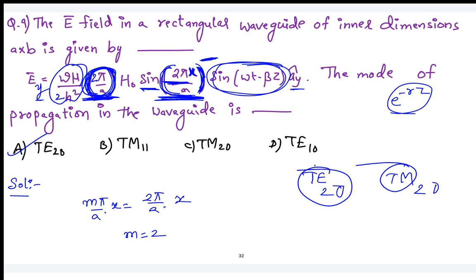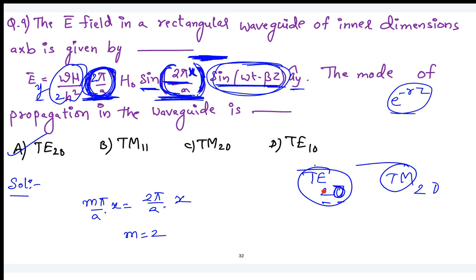Once again, I am repeating, if anybody has not understood, just focus here. Here I have given the x variation, the y variation is not given, and straight away the z variation is given. But when you are writing any mode, you are writing the x and y variation only. Since nothing is given in the y variation, you can consider it as 0. In the x direction, you are getting the multiplier m equal to 2, so it will be either TE20 or TM20.